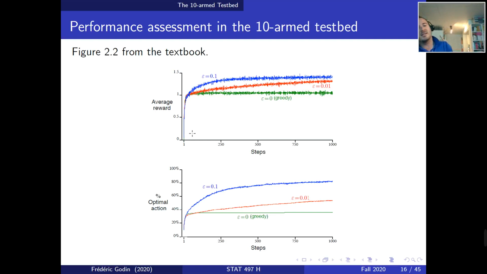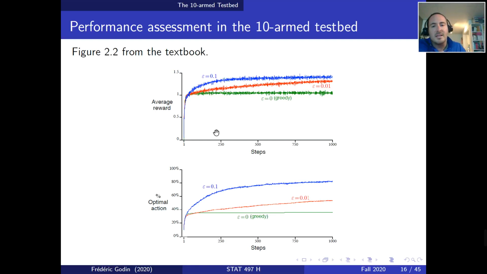Here we can see that as plays are being played, the greedy strategy tends to plateau early, versus the epsilon-greedy ones, which reap the highest expected rewards.